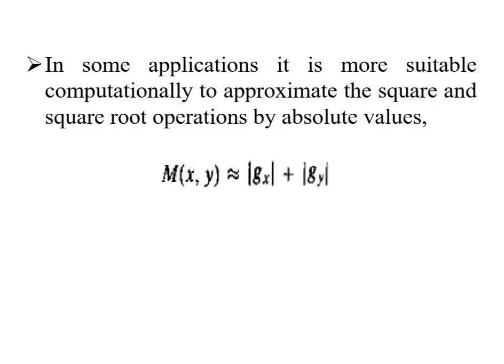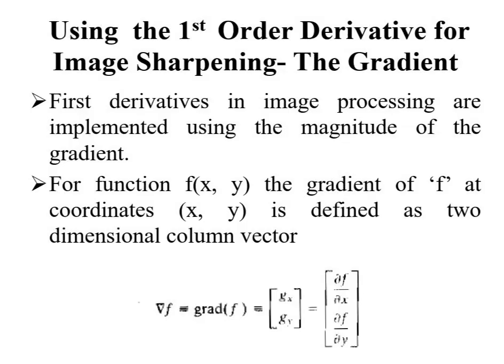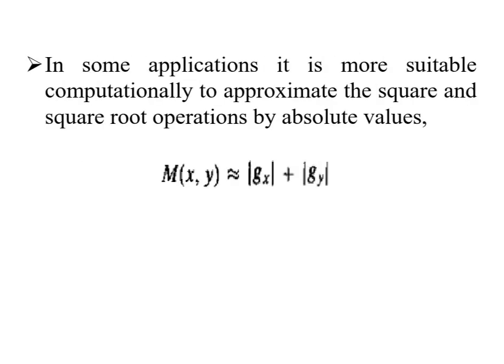On the other hand, the partial derivatives in the equation del f is equal to grad f is equal to the matrix of gx, gy, which is the matrix of del f upon del x, del f upon del y, are not rotationally invariant, that is isotropic, but the magnitude of the gradient vector is.